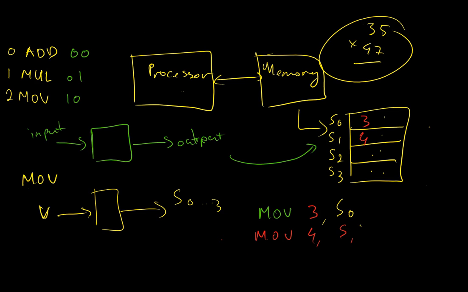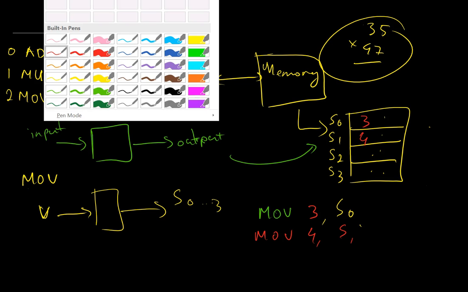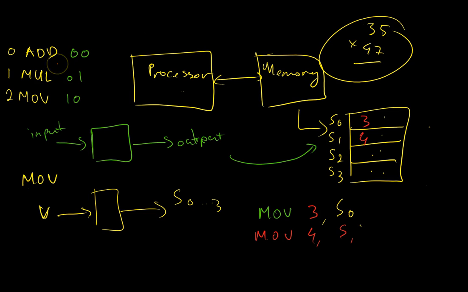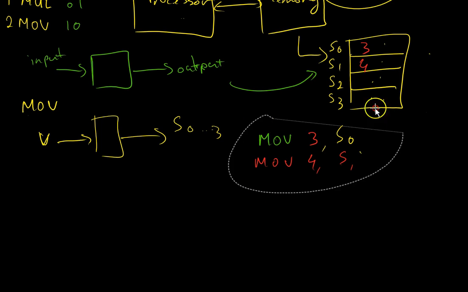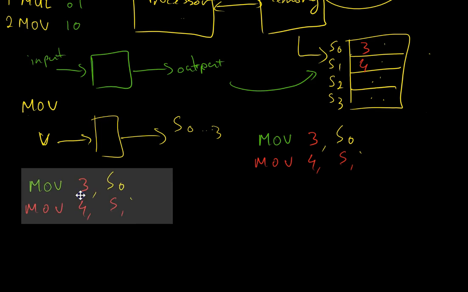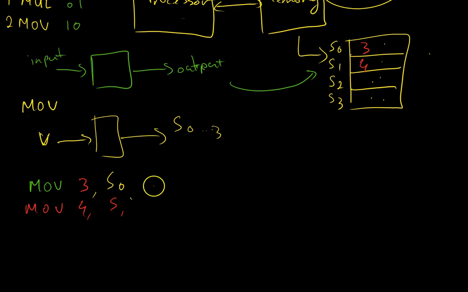So we have the first part here, which is move. We know what the first part of the instruction is. The first part of the instruction is 1, 0, because in our instruction encoding, 1, 0 means the move instruction.